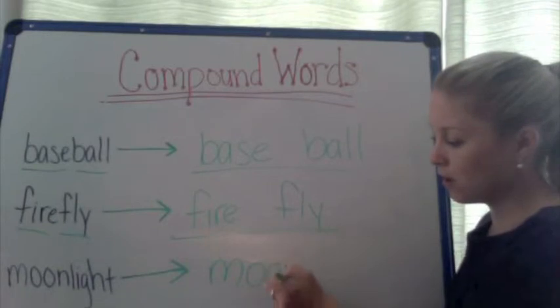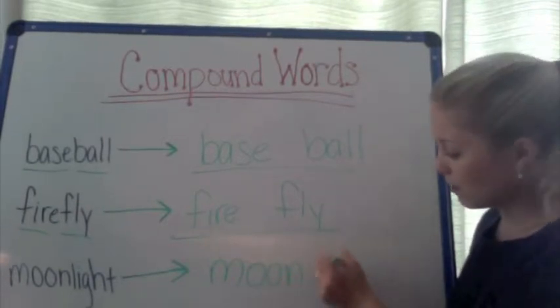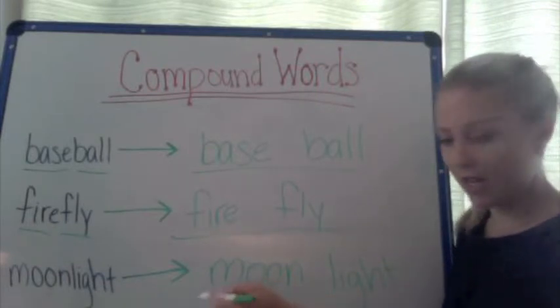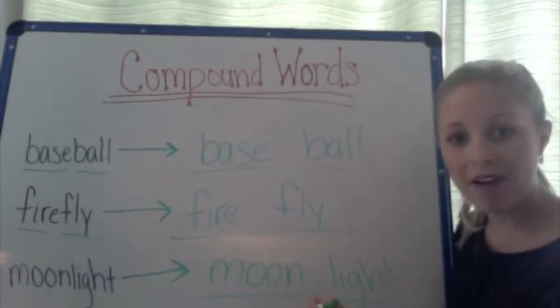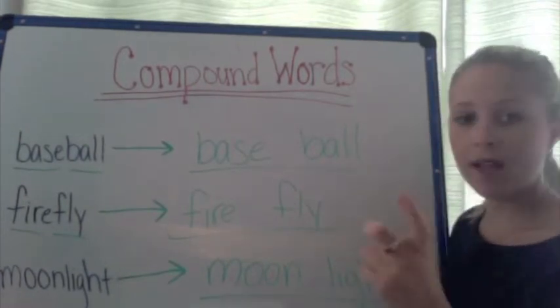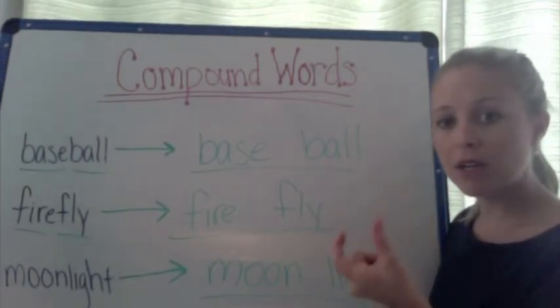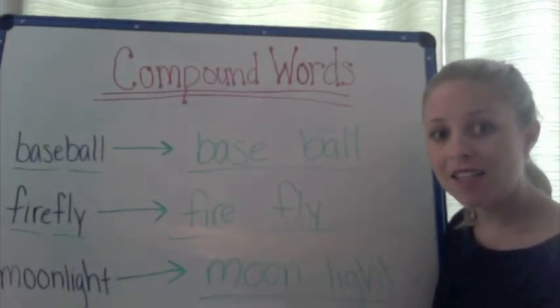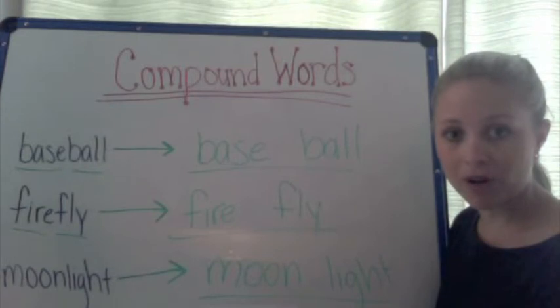Moon, light. You put them together and you have moonlight. You see how we did there? We took the one big word and we broke it down into the two smaller words that we heard. That is how you break apart compound words.